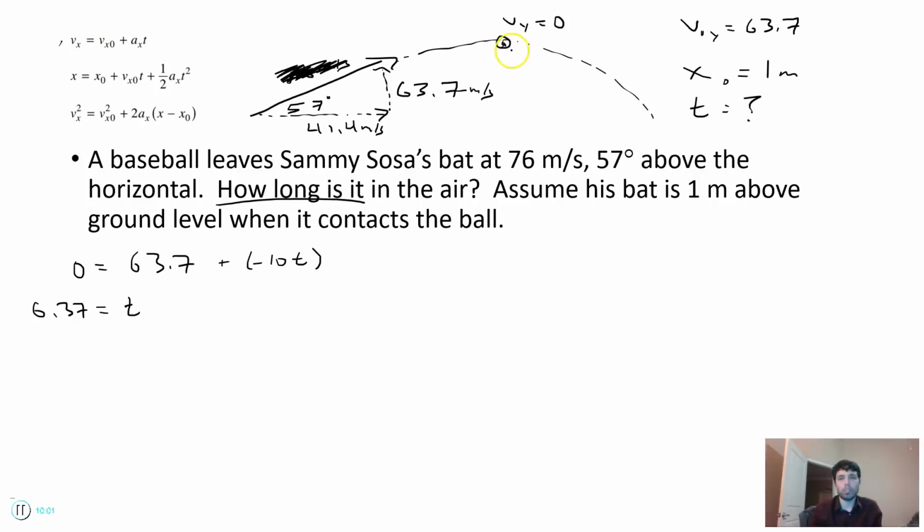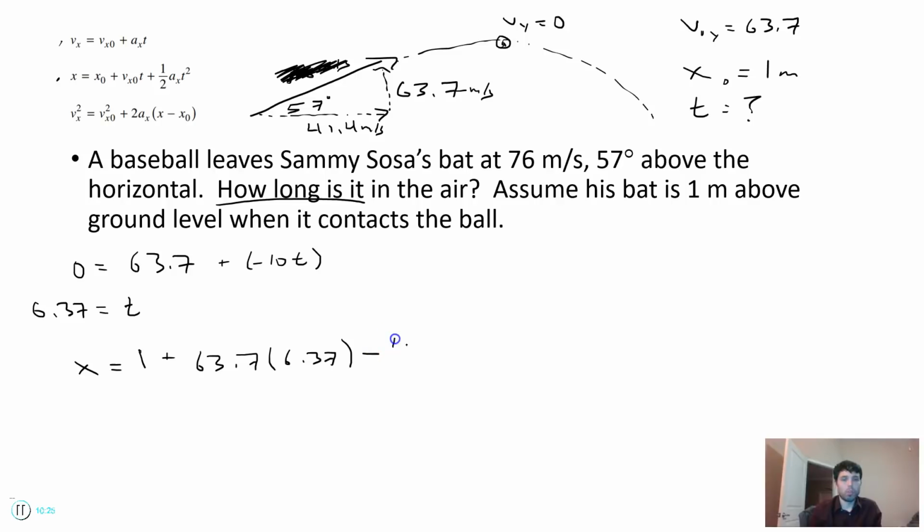Not for the whole thing, just the high point. Now, how high does it get? Alright, for that I'm going to use a second equation. So how high does it get? That's x equals my initial position, 1, plus my initial velocity, 63.7, times the time, 6.37. That took that long to get to the peak, right?